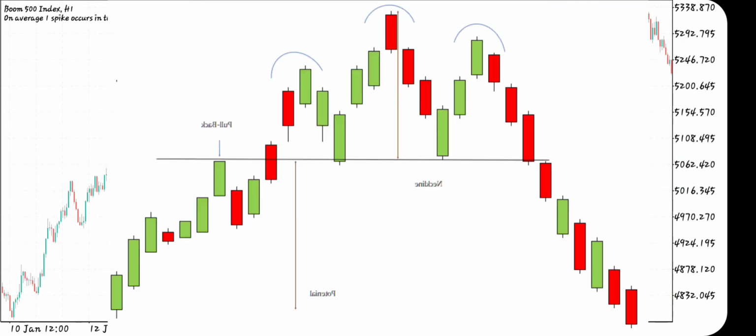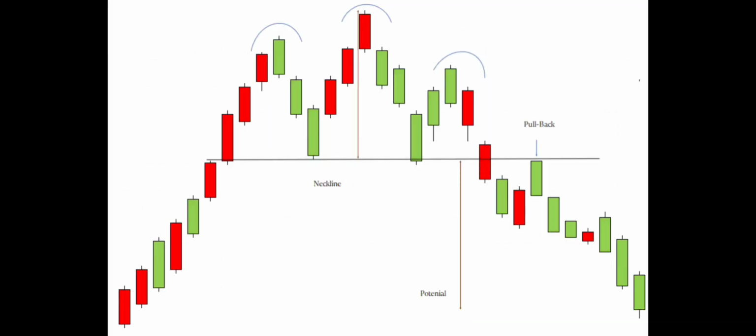This is what is called a head and shoulders pattern. I told you chart pattern is most times used as a change in trend. When trend wants to change, price is most likely to give us a chart pattern. So when there's about to be a change in trend, let's look at this picture we have.